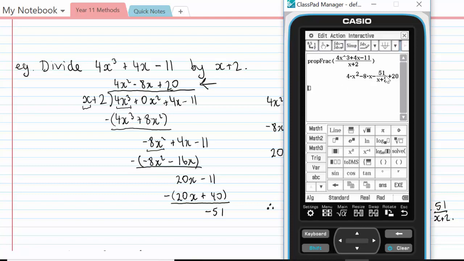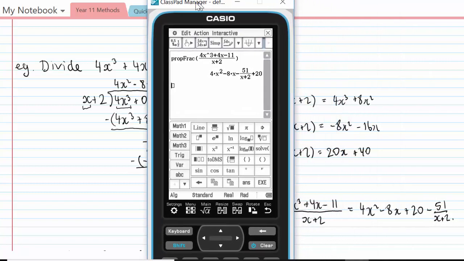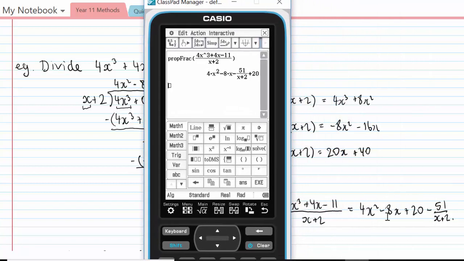You can see there's a slightly different order though with the remainder right here. So just recognize that when you see that part that's a fraction like that, that is the remainder. Okay, it's just the way that the calculator displays it, but you can always write it in the way that we did, which is just this answer right here. I think that's the more conventional way of writing it.